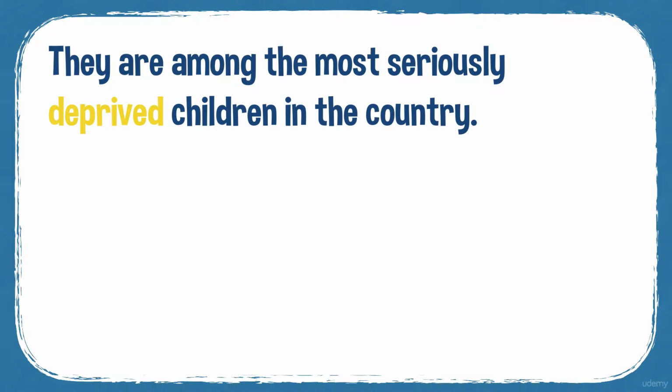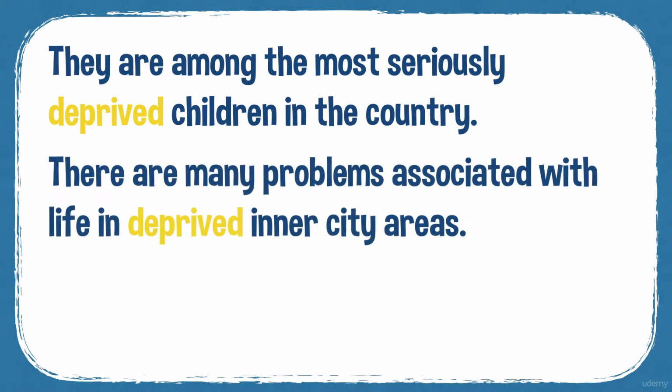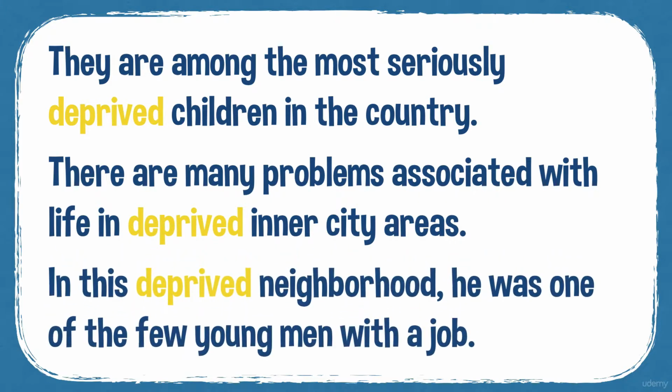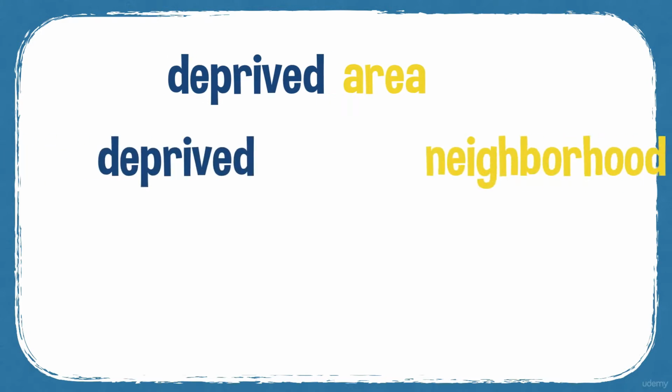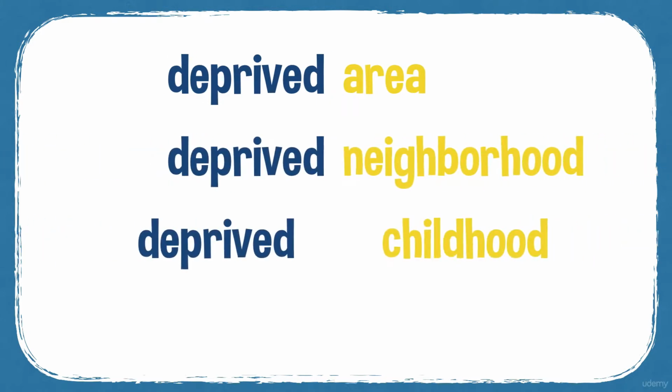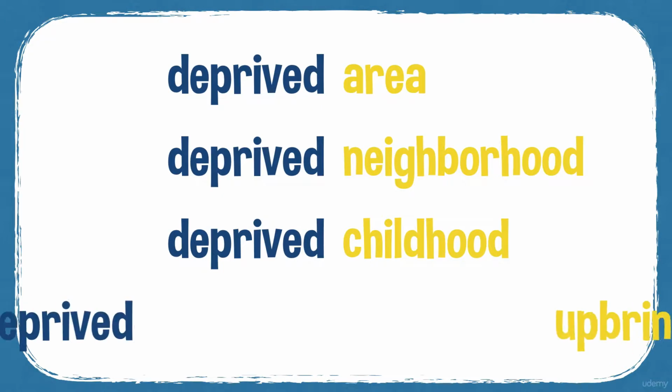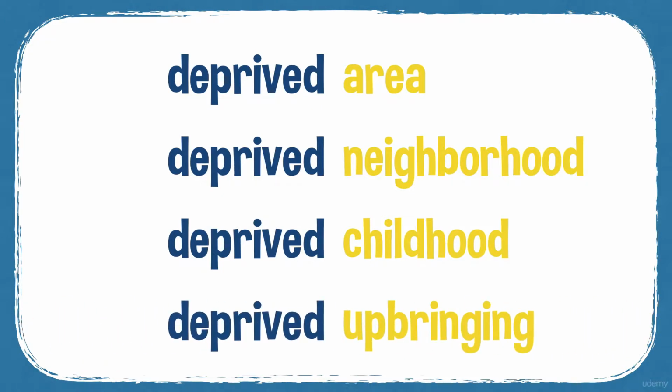They are among the most seriously deprived children in the country. There are many problems associated with life in deprived inner city areas, problems like crime, housing problems. In this deprived neighbourhood, he was one of the few young men with a job. So the common collocations, we often talk about deprived area, deprived neighbourhood, deprived childhood, deprived upbringing.